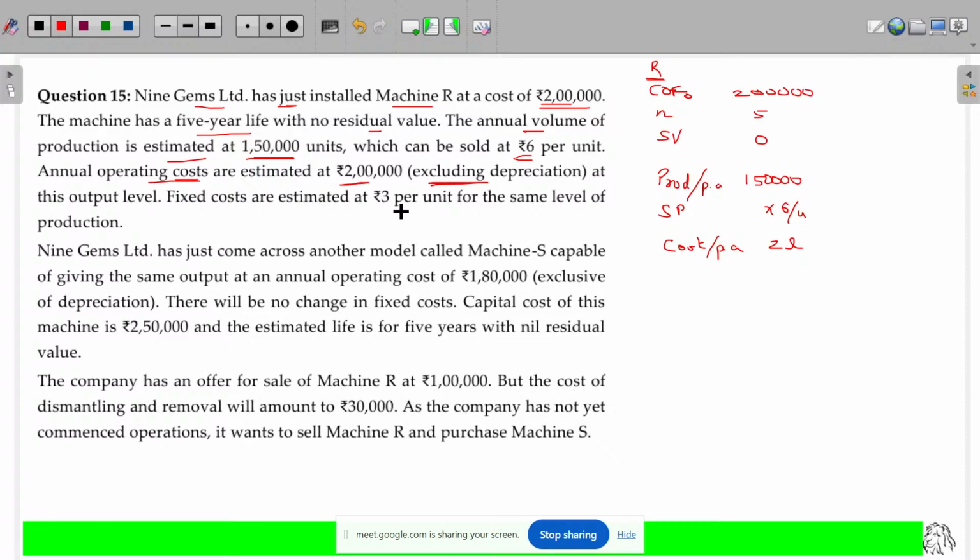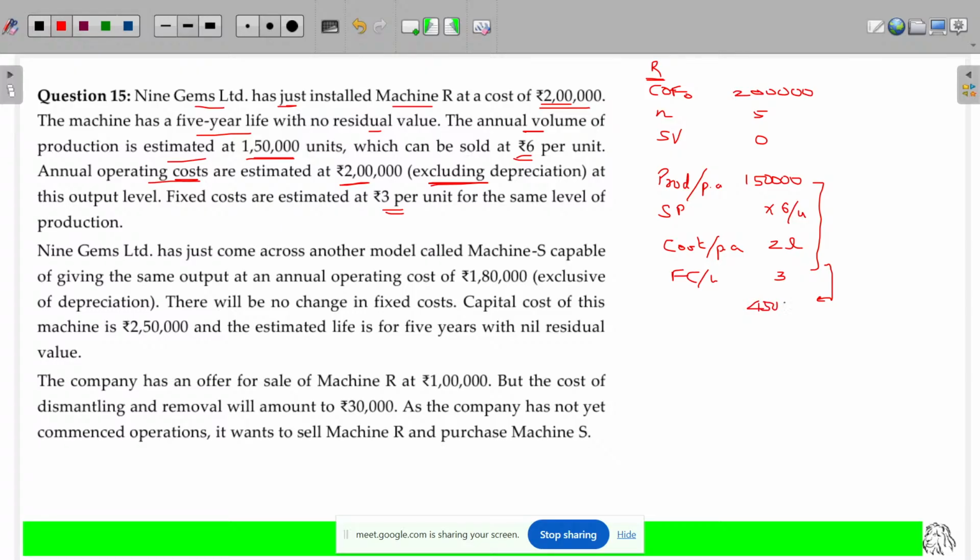Fixed costs are estimated at 3 per unit for the same level of production. Fixed cost usually should not be given at per unit level. If fixed cost per unit is given, always remember it is applicable for the given level of operation. So the total fixed cost is the given level of operations multiplied by the fixed cost per unit, 4.5 lakhs.